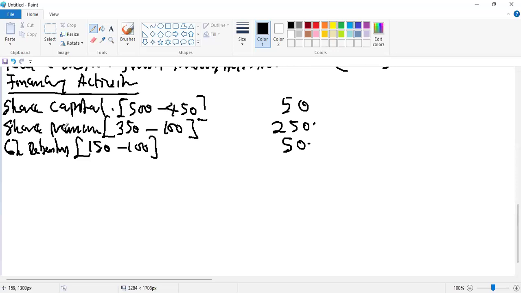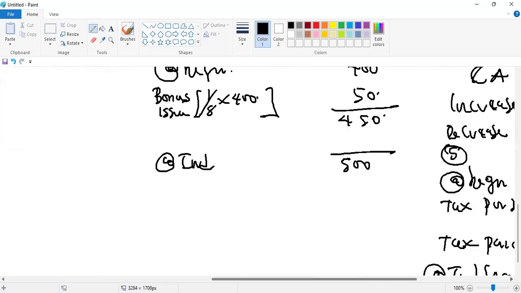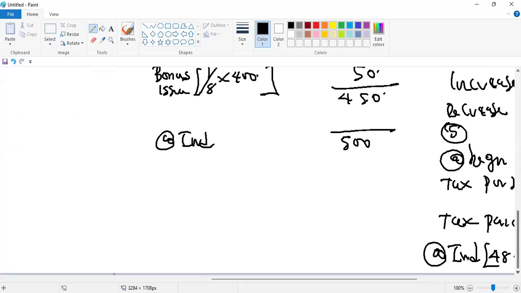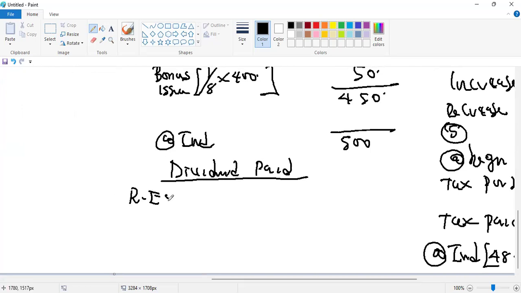Dividend paid. They did not give me dividend paid, so I'll use the formula. Retained earnings at the beginning, 255.